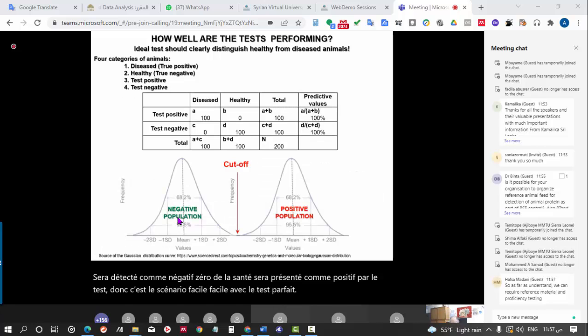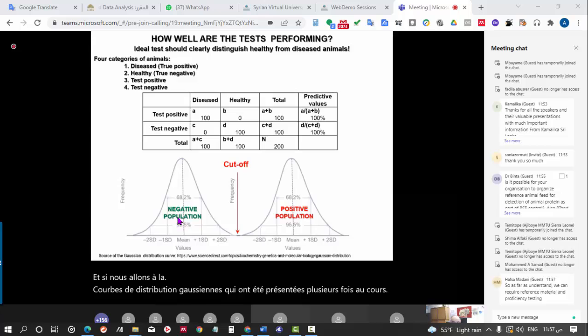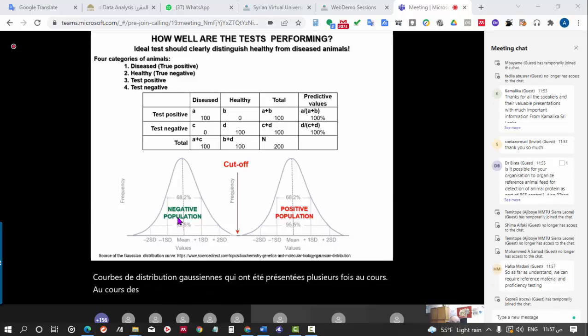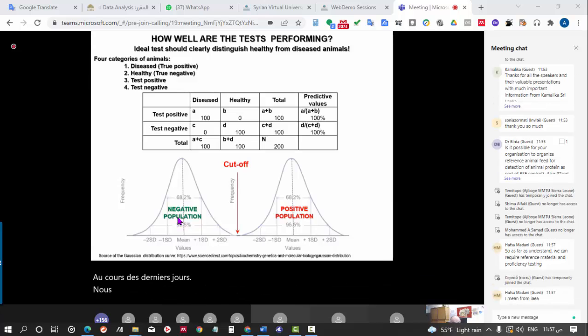And if we go to the Gaussian distribution curves that were presented several times during the past few days, we will have one Gaussian curve of the negative animals. This is an idealistic drawing of the Gaussian curve.